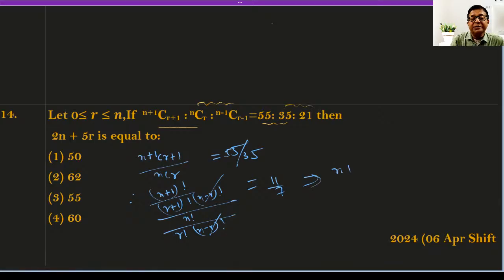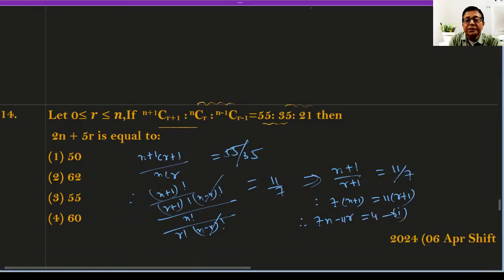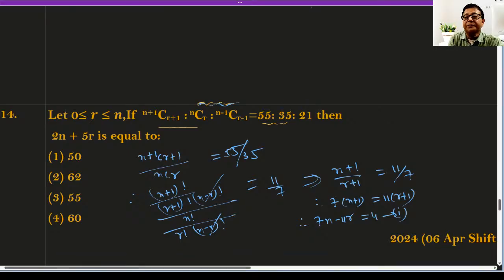So this implies n plus 1 by r is 11 by 7. Okay, done.